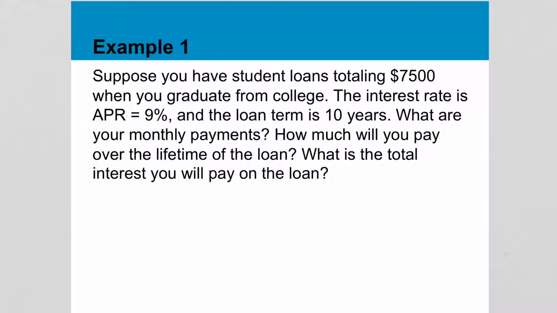Okay, so the first thing we want to do is find the payment. I'm going to go on to the next page, and we're using that long formula. So, the principal, the initial amount, was $7,500.